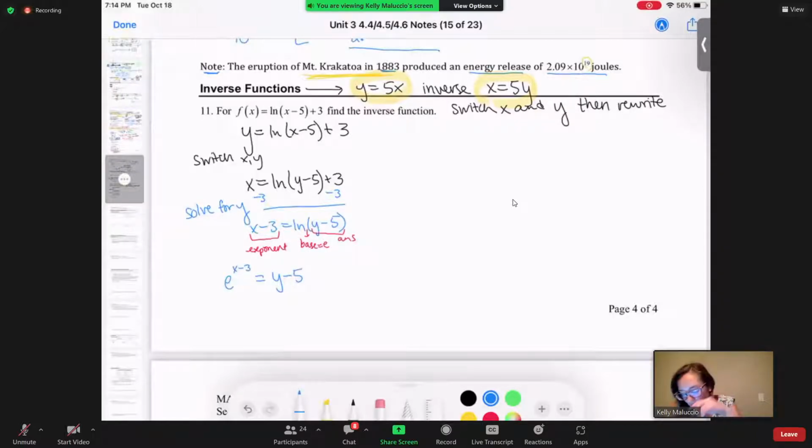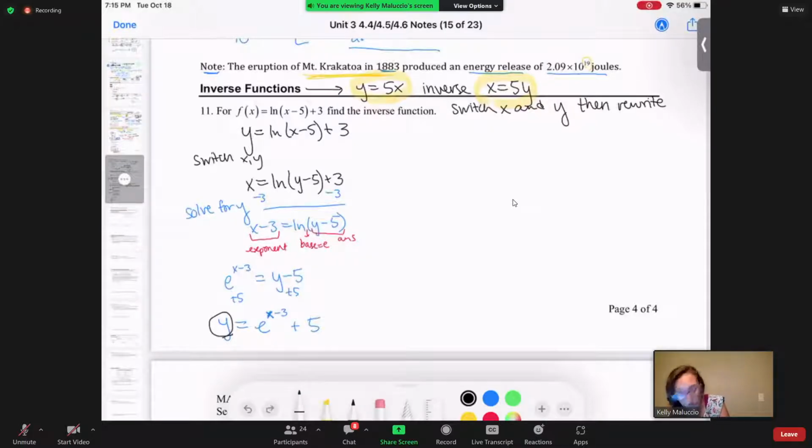Or maybe I should have written y minus 5 first, but that's okay. Maybe I'll swap it. So then I would add 5 to both sides, and I'll write my y on the left. I would get y equals e to the x minus 3, plus 5. This plus 5 cannot go in the exponent, okay? It has to be separate. And what we do then is we replace this y, like it's not the same as this y that we started with.